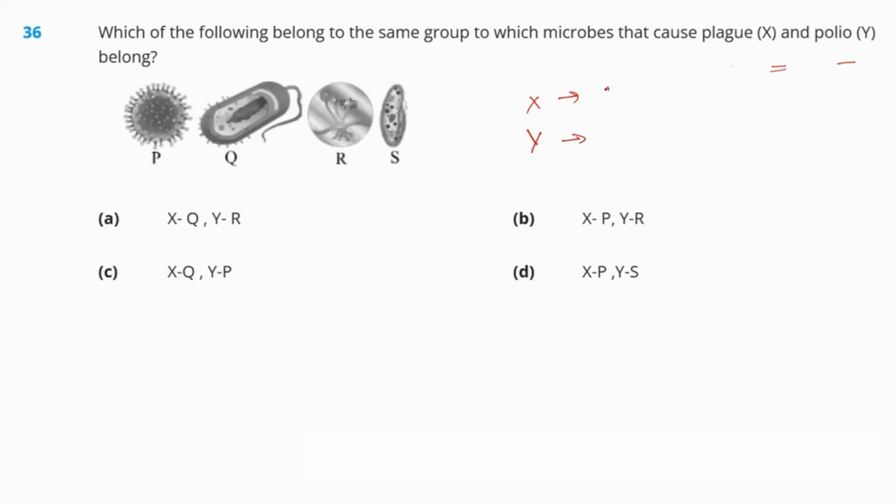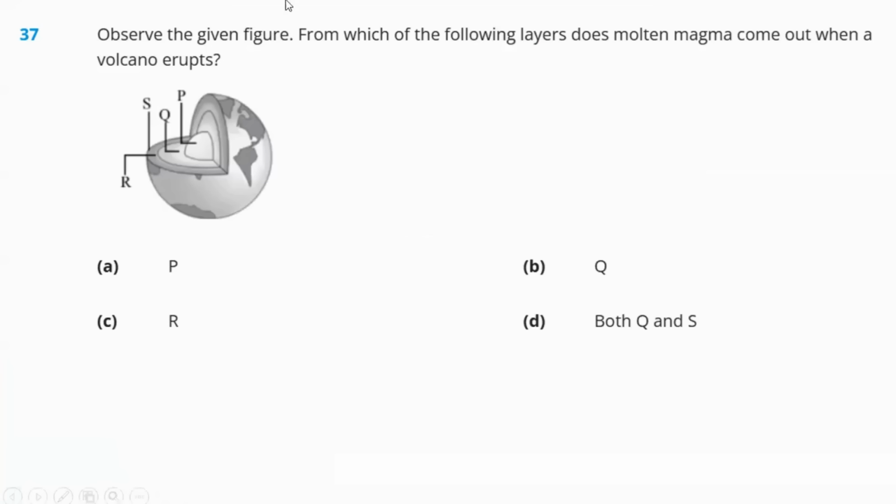Plague is bacterial and polio is a viral one. Here, this is virus, this is bacteria, this is fungal, and this is protozoa. So our option would be X would be your option number C.